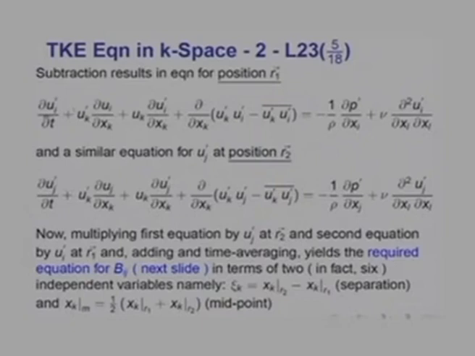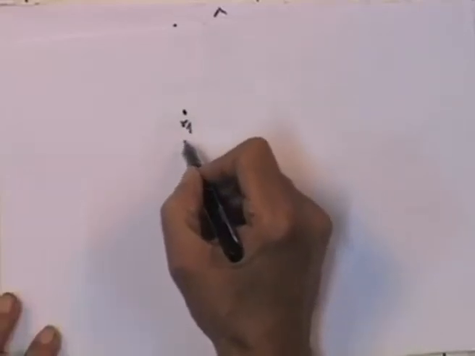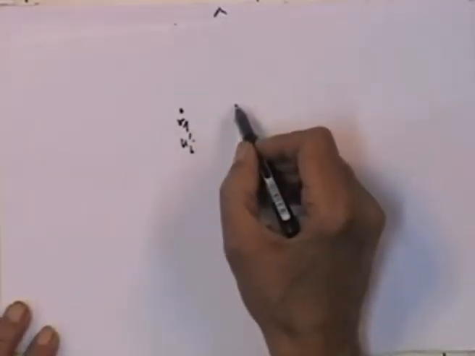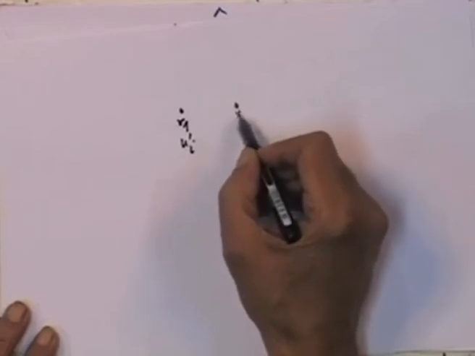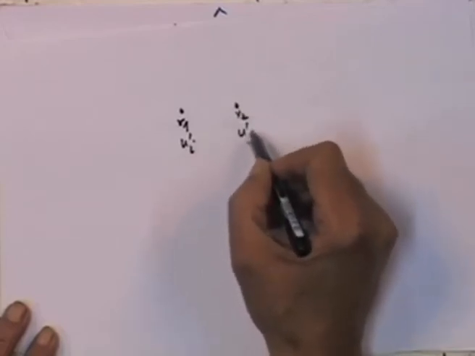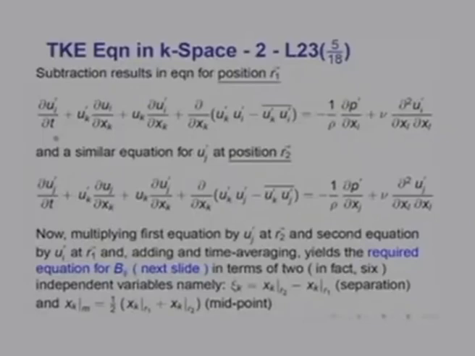If I say this is the equation for u'_i at position r1, I could also write a similar equation for u'_j at another position r2, and that would read very much like the first one, with the dp'/dx_j here and these terms.